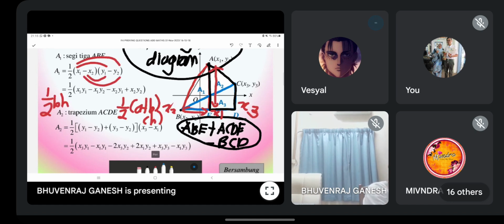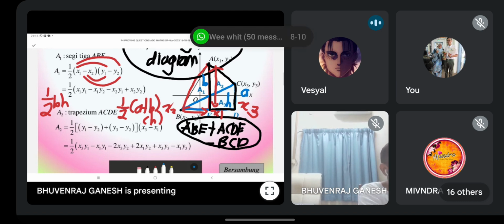So here you have to find trapezium ACDE. It will be 1 over 2 times (a plus b). Your a will be y1 minus y2. That will be your first length. Your second length will be the shorter one, y3 minus y2. I hope you all can see.